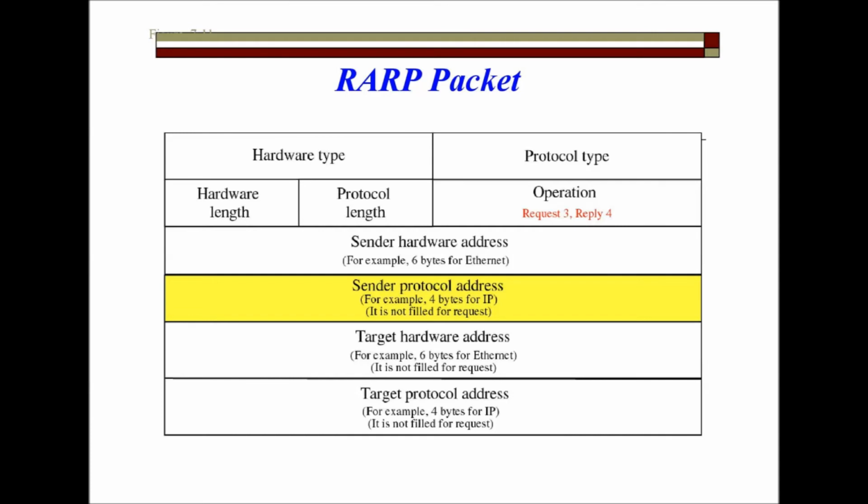Over here decimal numbers 3 and 4 are used, but in the ARP packet format we have studied that decimal numbers 1 and 2 are used for request and reply. Over here decimal number 3 is used for reverse ARP request, and decimal number 4 is used for reverse ARP reply.